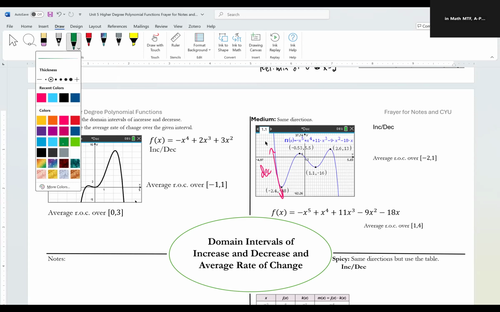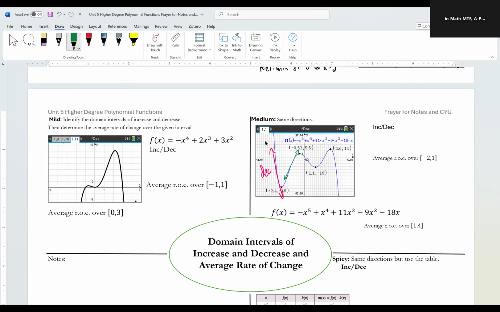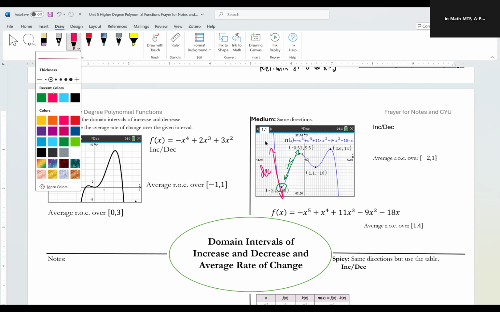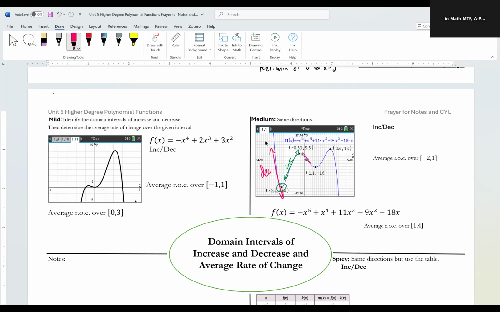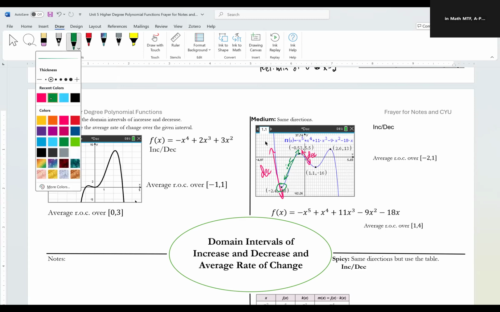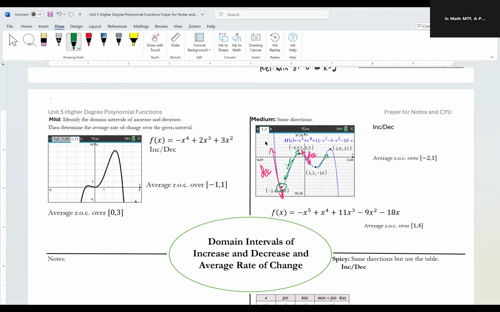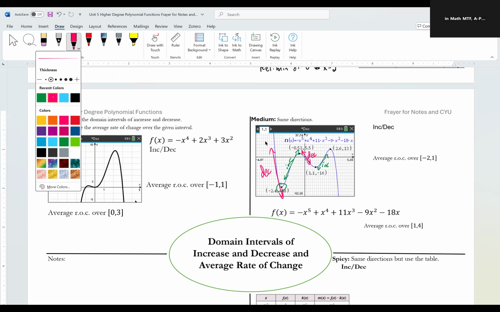Then after that decrease, we see increase, which is why we have a relative minimum here. And then after that increase, we see a decrease in this region. Again, when it stops increasing, it starts to decrease. That's why we have a maximum. After that decrease, it increases. And finally, after all that, it decreases.